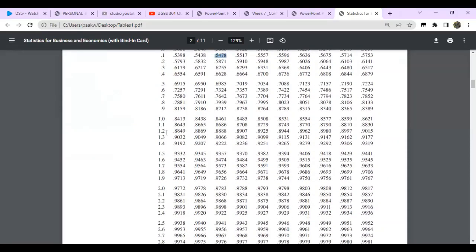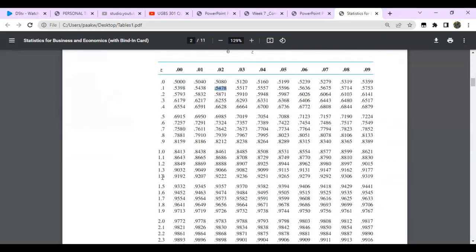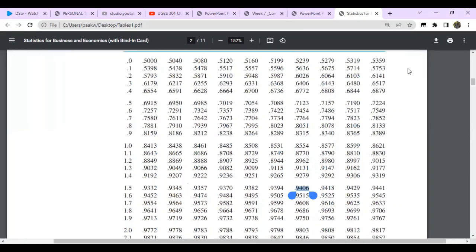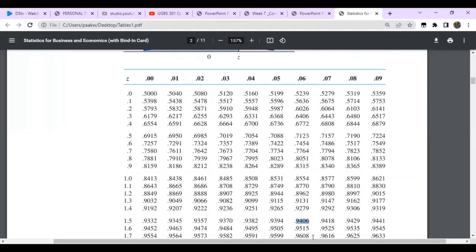So 1.5 positive is here, right? Then 0.06 is this one. So wherever they meet, 0.06 vertical, 1.5 horizontal. So 1.5 here, 0.06 here. So they meet here. You get it? They meet at 0.9406. Right.